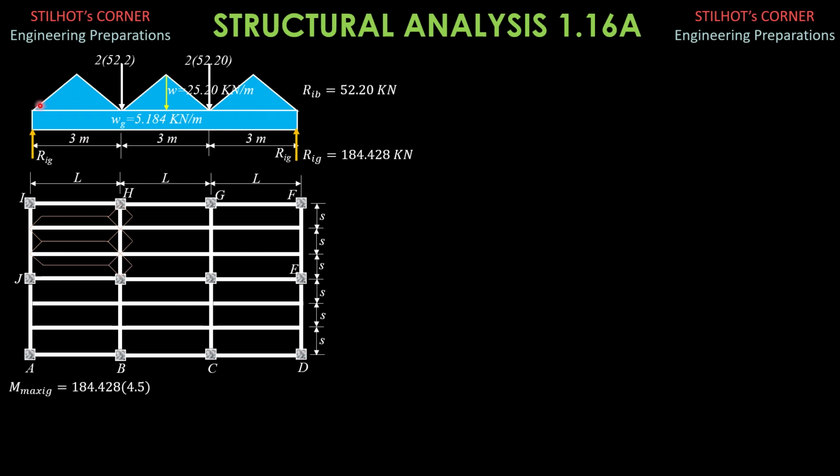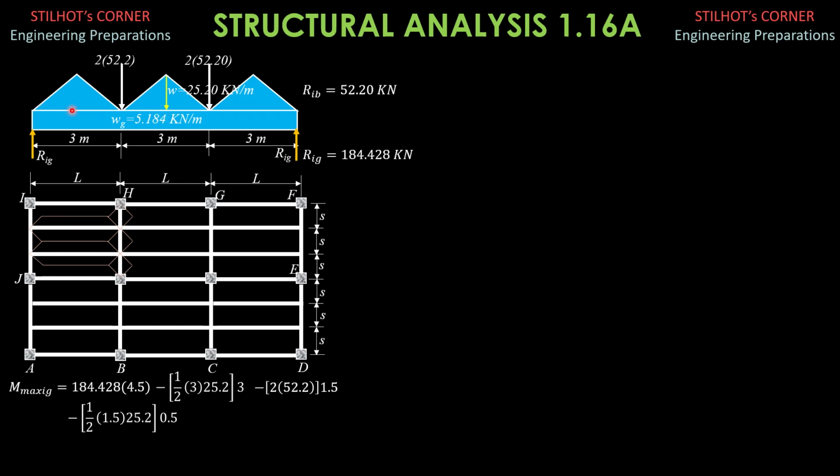The force is the area, 1/2 of 3 times 25.2, and the moment arm is 1.5 plus 1.5, which is 3. Minus the moment of this concentrated load, 2 times 52.2 times 1.5, the distance from center. Minus the moment of this triangle: the area is 1/2 of 1.5 times 25.2, and the moment arm is 0.5, 1/3 of 1.5.